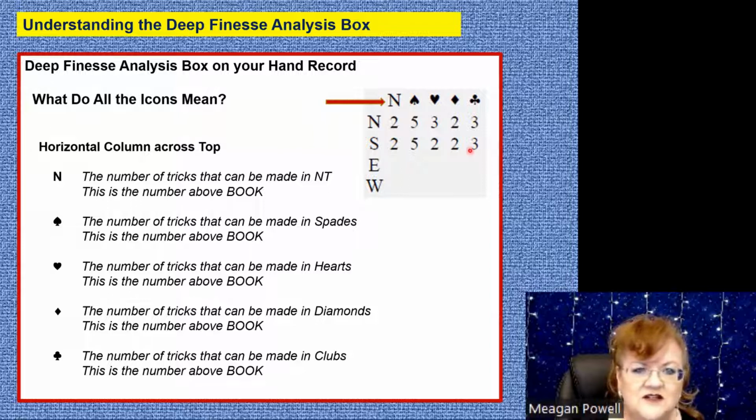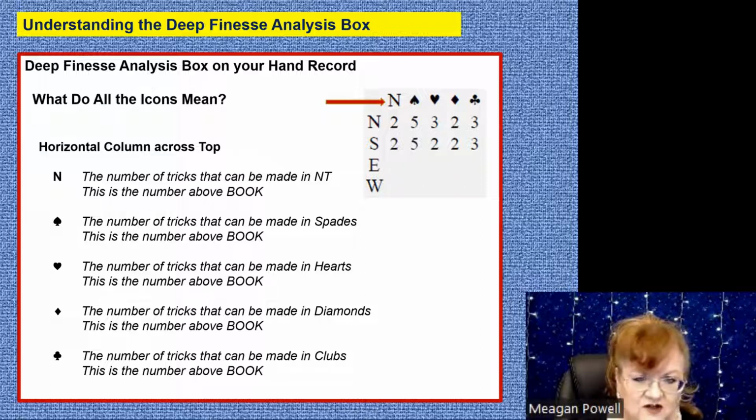If you look at the S line, it's saying south could be able to take a 3-level club contract or a 2-level diamond contract. And notice there is not anything written horizontally in the E line, east's line, or W line, west line. That means that on the particular board which we are looking at, there was no contract makeable for east or west.